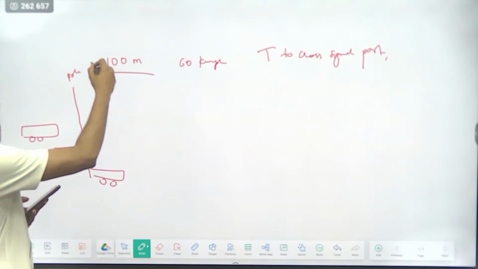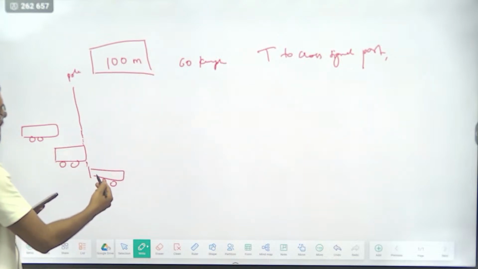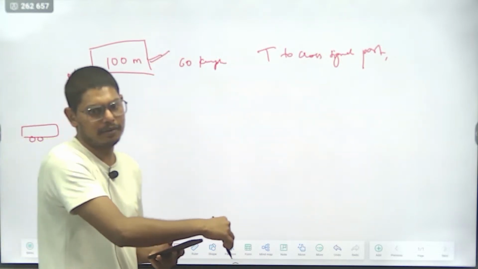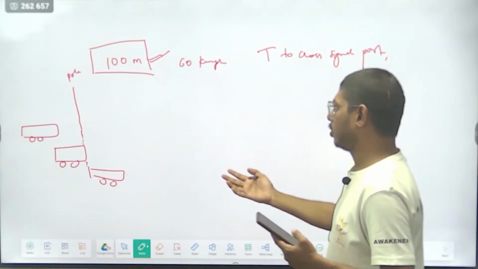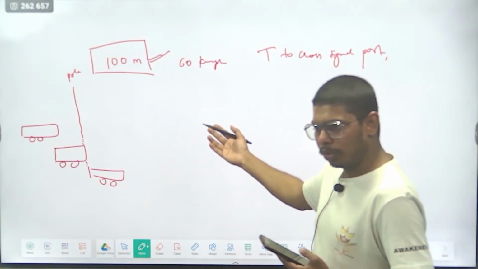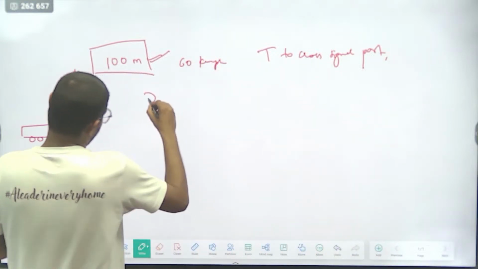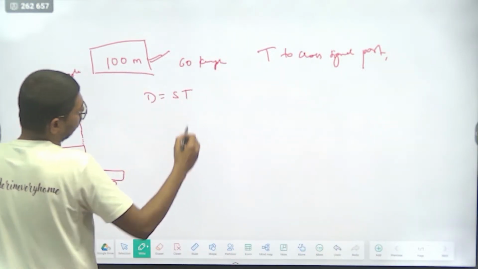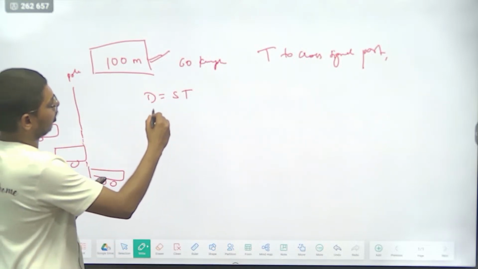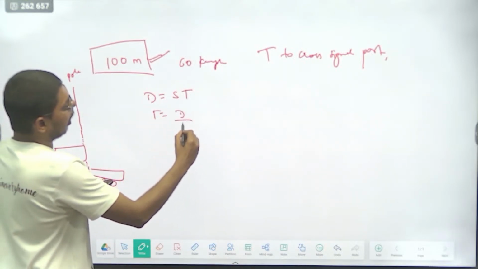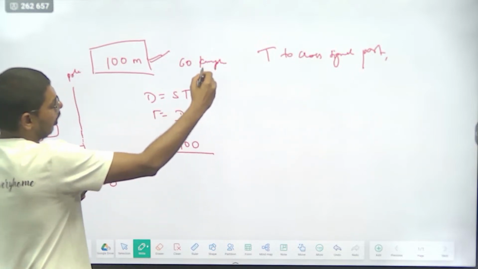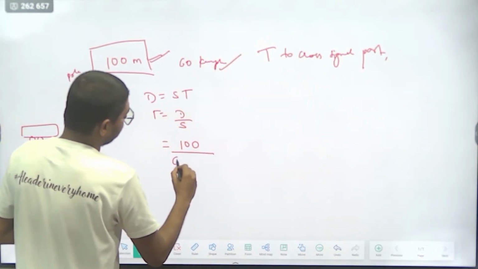That is why it has to cover the entire length of the train. And we know distance is equal to speed into time. We want to find time, so time is distance by speed. Distance is 100 meters, but the speed is given in 60 kmph.